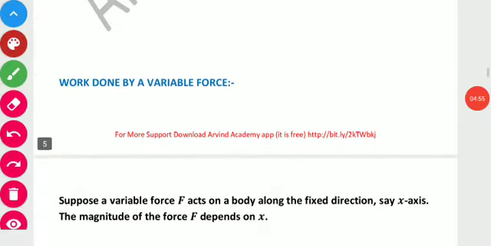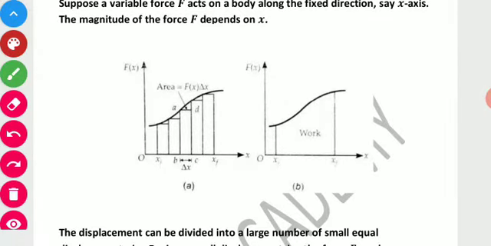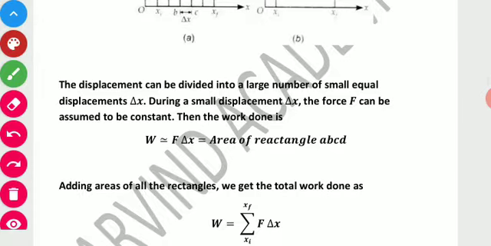Next we have work done by a variable force. If the force varies, it means the force has different values for different displacements. As shown in the diagram, for the first displacement the force is different, for the second it is different, and for the third it is different, and every time the force changes. So how can we calculate the work?